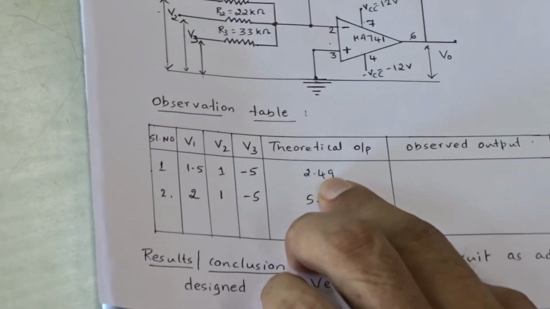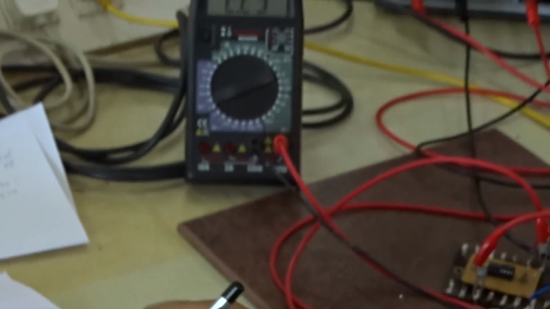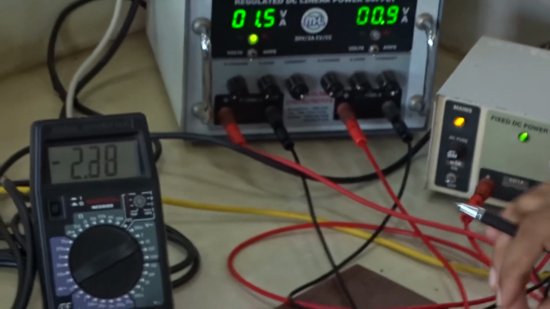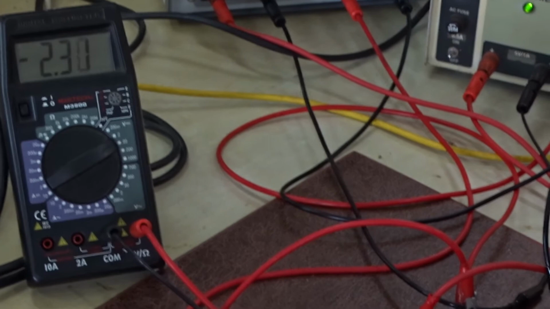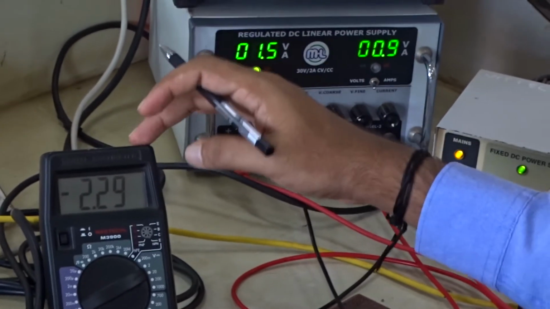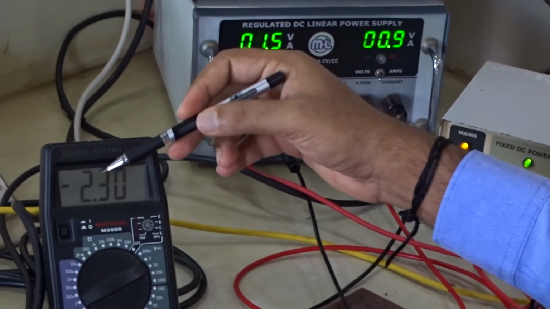Now the practical value you can observe here. I connected a multimeter to pin number 6. The positive terminal is connected to pin number 6, and the negative terminal to ground. You can observe the output voltage displayed in the multimeter, and you are getting minus 2.3.